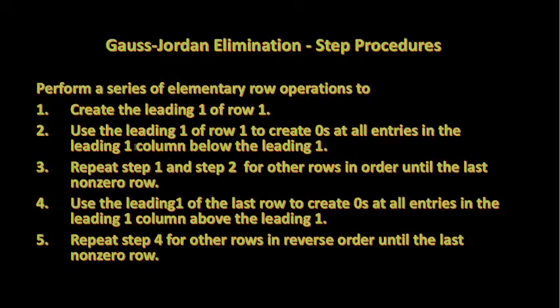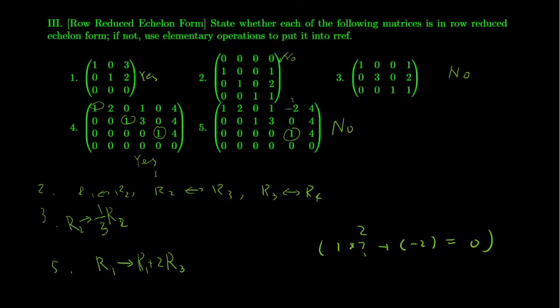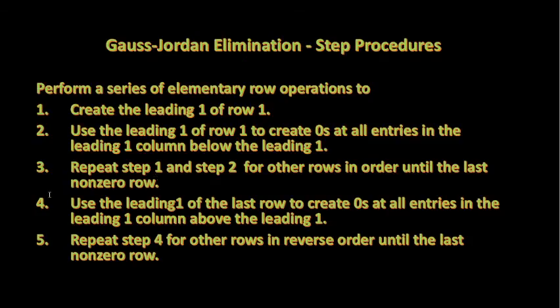So basically, we made all the numbers below the leading ones zeros. And then we're going to do step 4. For step 4, we start from the last row.